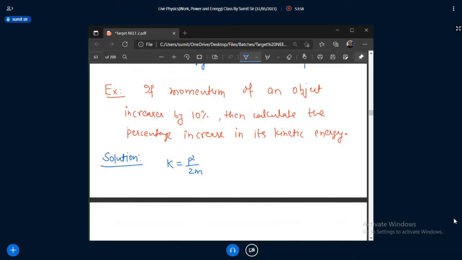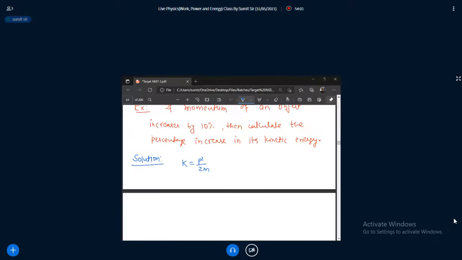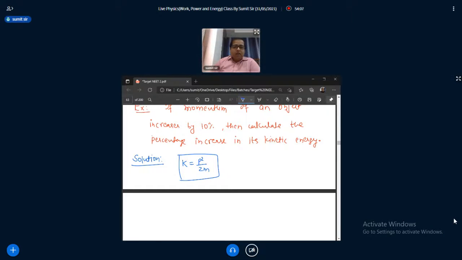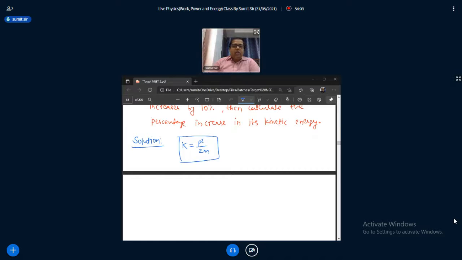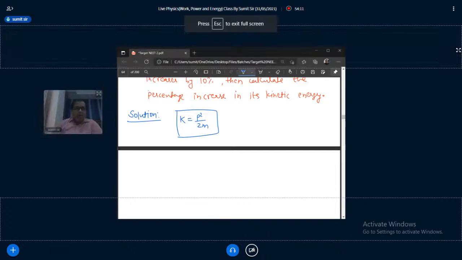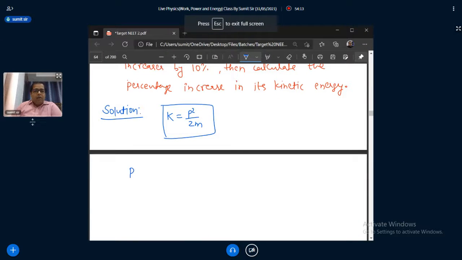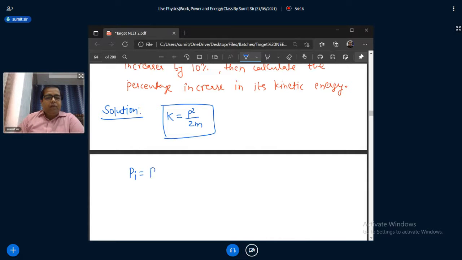So tell me, did you get now how to calculate? So just see. The question says there is an increase of 10% in momentum. That means suppose you have initial momentum equal to P, then final momentum is P plus 10%, means 10P by 100.